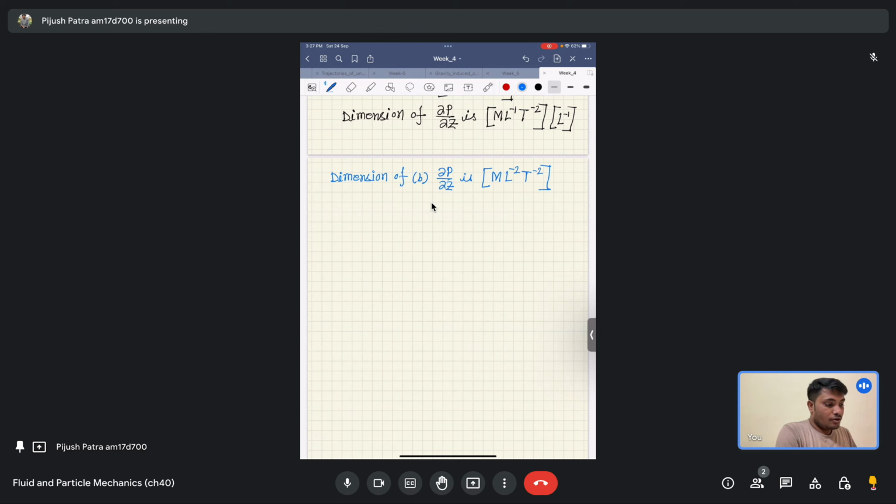We know rho. What is the unit of Cp? Joule per kg Kelvin. Am I right? The Cp is equal to Joule per kg Kelvin. Okay. So dimension of Cp.